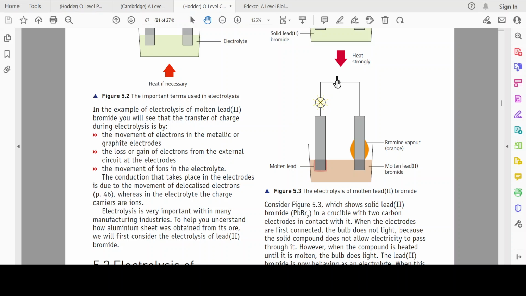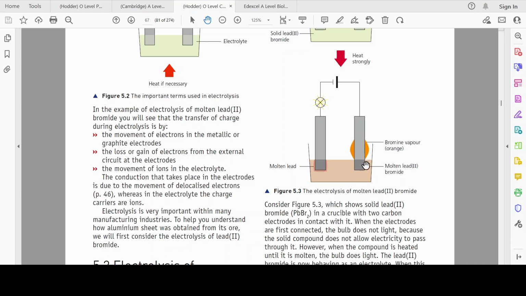And so the loss of electrons: at the cathode, the circuit is losing electrons to lead, because lead is gaining 2 electrons, as we saw, to go from the lead ion to the lead atom. And then at the anode, you've got bromine coming in, which is the anion. It has extra electrons, and so the electron is being given up.